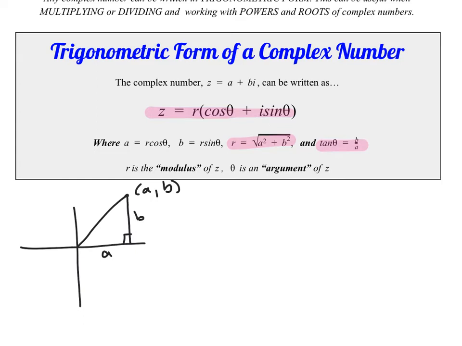If we're trying to find the hypotenuse of our right triangle, we would use the Pythagorean theorem, and it would end up being the square root of a squared plus b squared, which is just our r value, which is our modulus. So that's where this comes from. It's really just the Pythagorean theorem finding the hypotenuse of your right triangle.